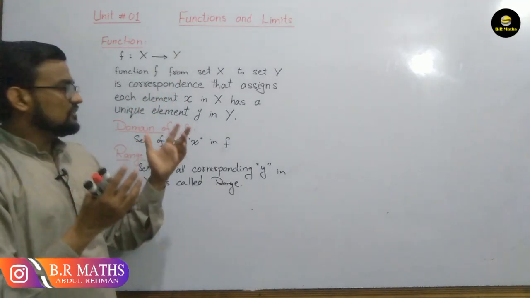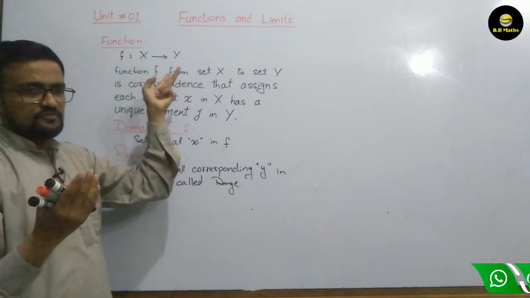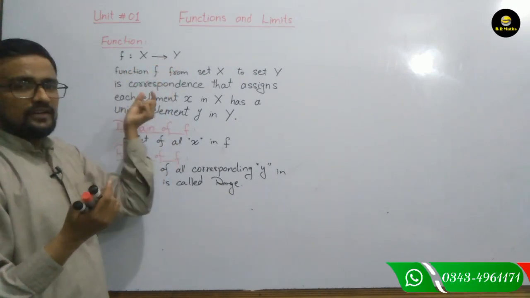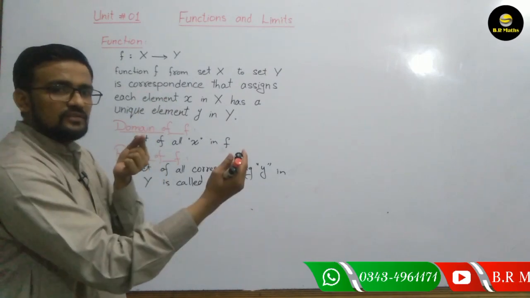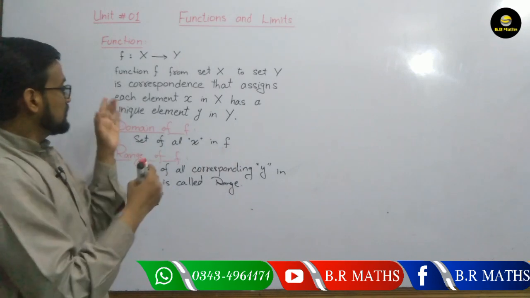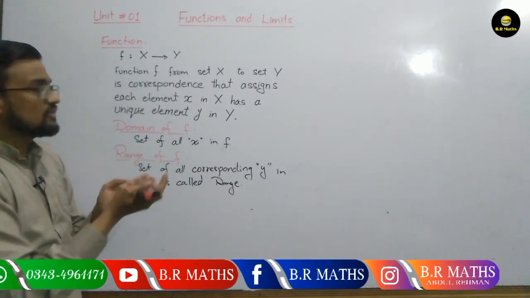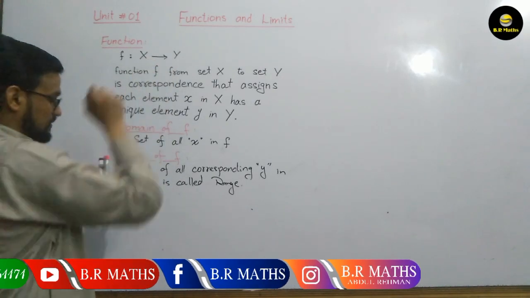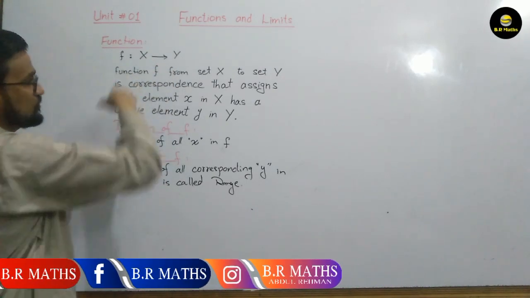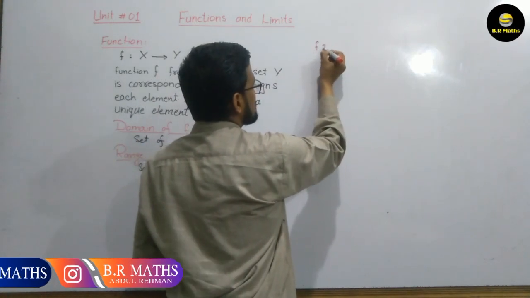A function is a relation between two sets. 1-to-1 correspondence means each element of x is joined with an element of y. So it is also called dependent and independent values. A function f of x is also denoted as f of x.